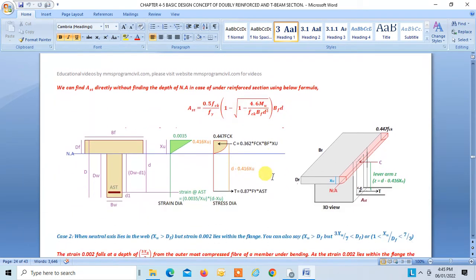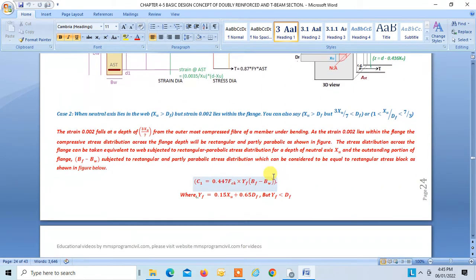Now moving to case 2, when the neutral axis lies within the web, that is depth of neutral axis is greater than Df, XU is greater than Df, but the strain point 0.002 lies within the flange. We know that the strain 0.002 falls at a distance 3 by 7 XU from the outermost compression face, and up to that distance the stress is constant.